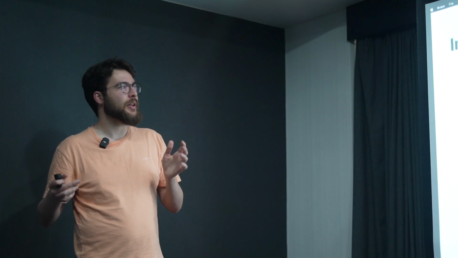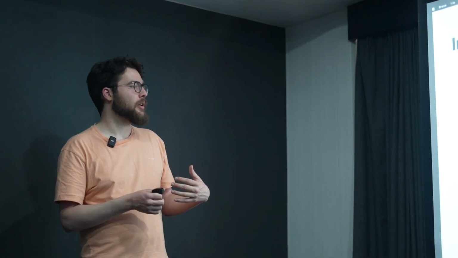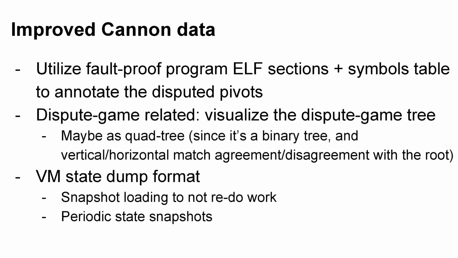So Canon, there's some improvements we could do. I want to focus more on tooling, enabling things to be more debuggable, easier to analyze, so future changes are easier. So this could mean ELF sections and symbols table, or visualizations, or dumping the VM state in a more readable format. All these things are very useful to use Canon.